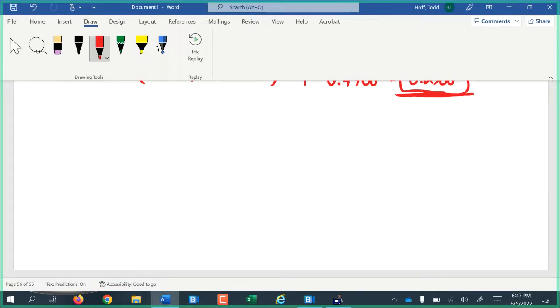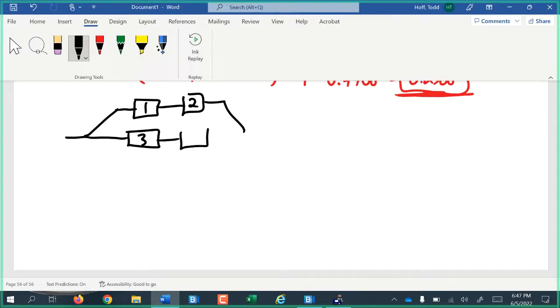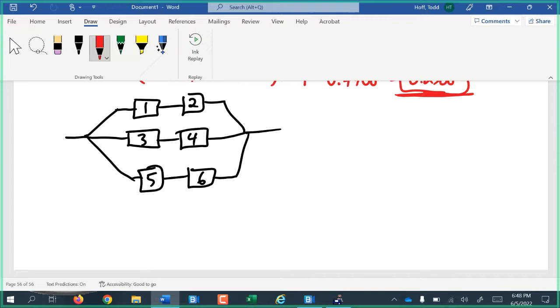So then next, it wants us to do kind of a what if thing. What it's asking us to do here is now if we add, so keeping the 1-2 subsystem and the 3-4 subsystem, but then adding a third branch, a 5-6 subsystem. So there are 3 branches, and now each of these branches has that same probability of working.